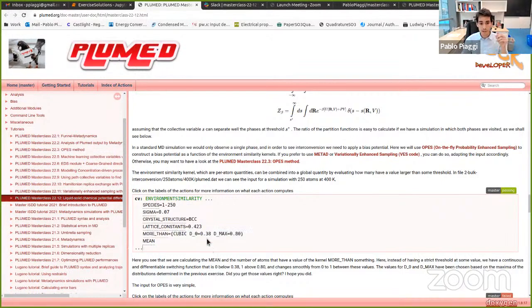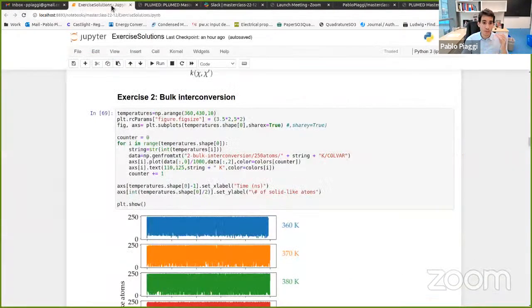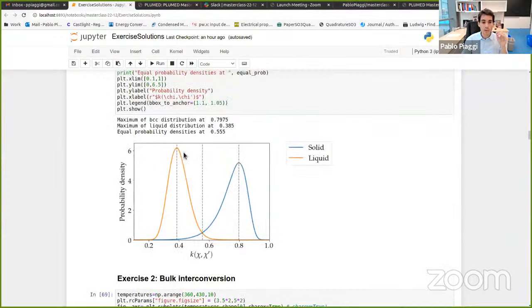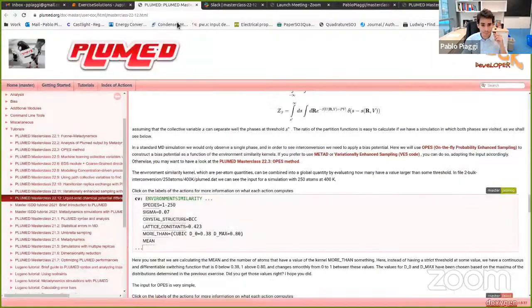We're using a switching function that is 0 up to 0.38, then goes up to 0.8, and then stays at 1 at 0.8. The rationale behind those numbers is what we have seen here. So essentially, we have a switching function that is 0 up to here, then goes up, and then goes to 1 in this region. And in that way, we're counting the number of solid-like atoms.